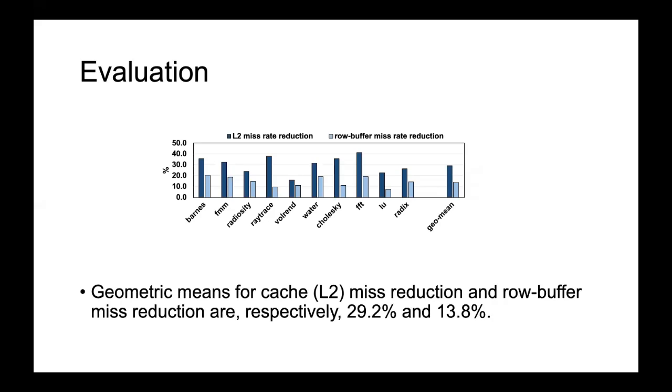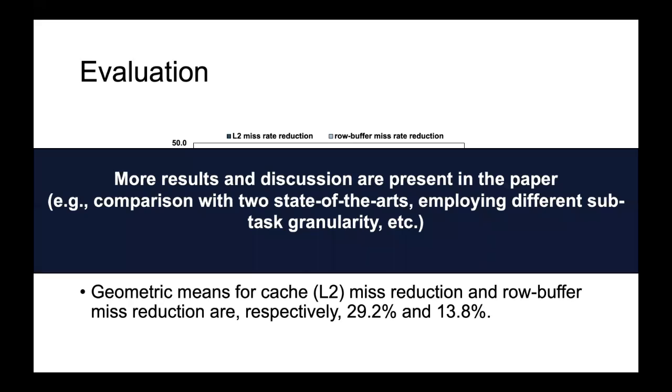This reduction comes from the data locality aware new task generation and scheduling. As we can observe from the figure, our approach achieves 29.2% and 13.8% miss reduction for L2 and the row buffer respectively. More results and discussion are presented in the paper, including comparison with 2 state-of-the-art approaches, employing different subtask granularities, and so forth.